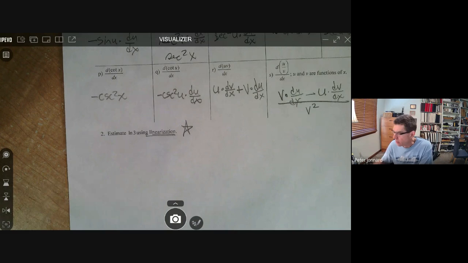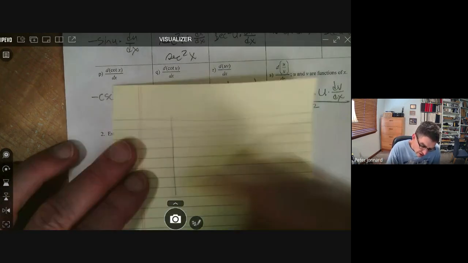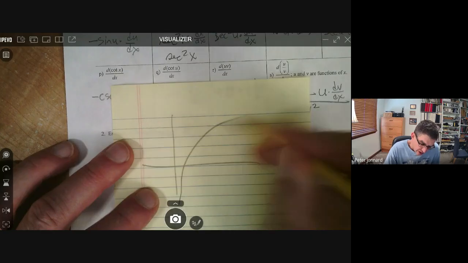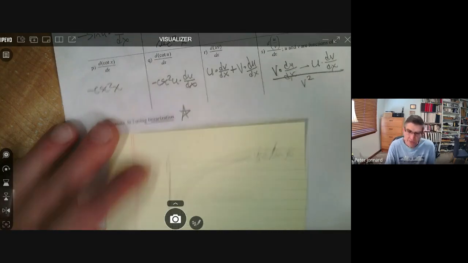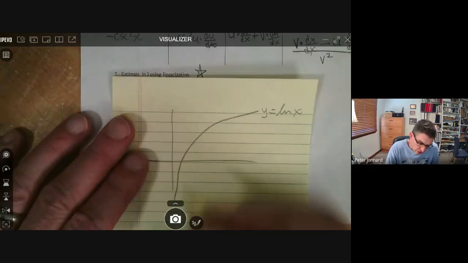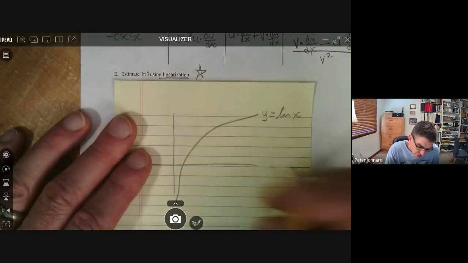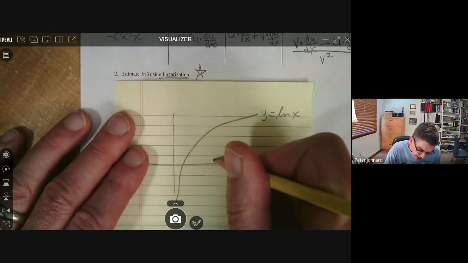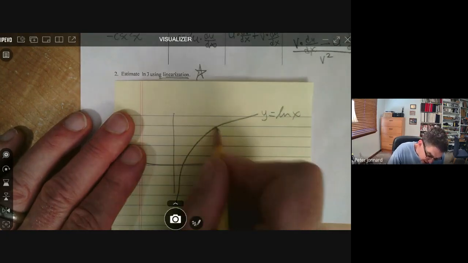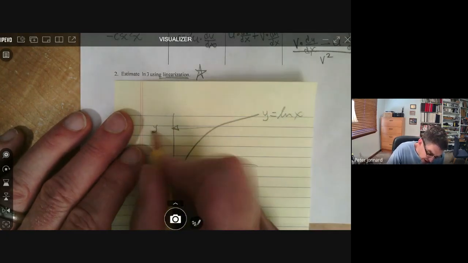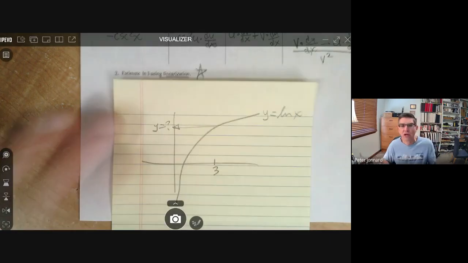And so basically what we're trying to do is look at the function y equals the natural log of x. Right here somewhere, there's a 3, and we want to know what that y value is. So that would be the natural log of 3.